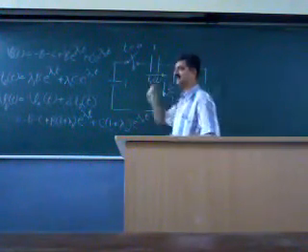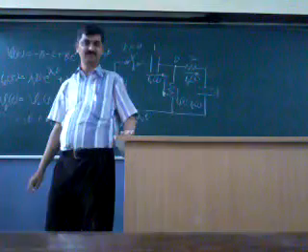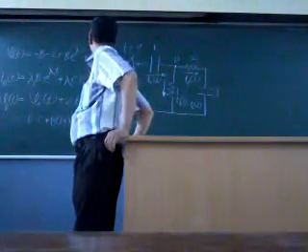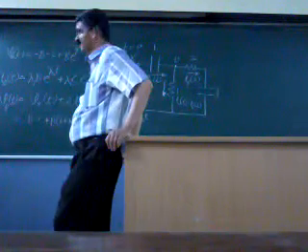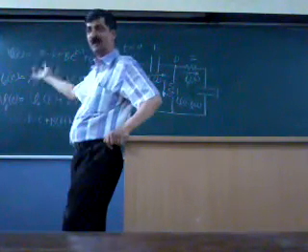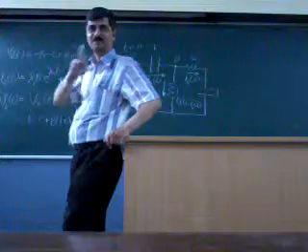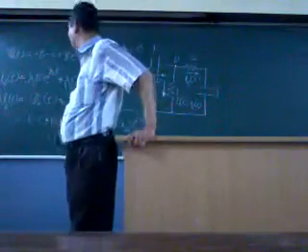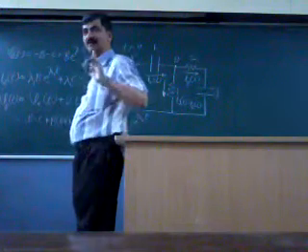What would be I1(t) now? I1(t) would be d by dt of 1 minus VD(t). Are you getting me? Are you agreeing with me?